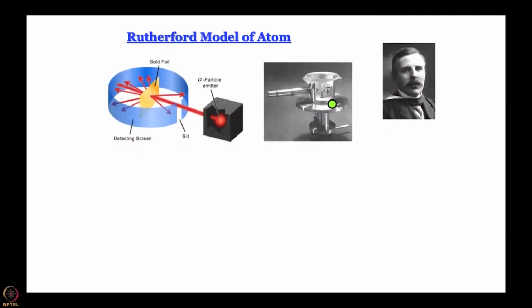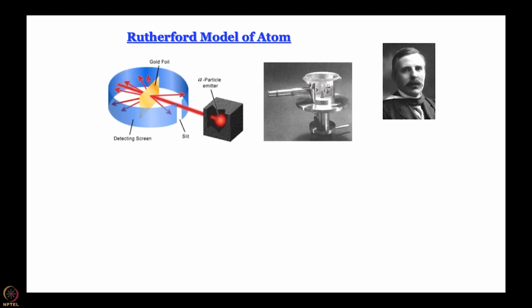Alpha particles were discovered by that time, and it was known that they were highly energetic particles. So, Rutherford handed Marsden a chamber of this kind and said, why do not you keep this alpha particle source in the center and keep a gold foil and see how the alpha particles pass through the gold foil.